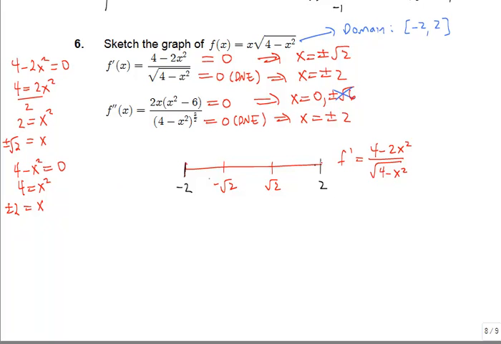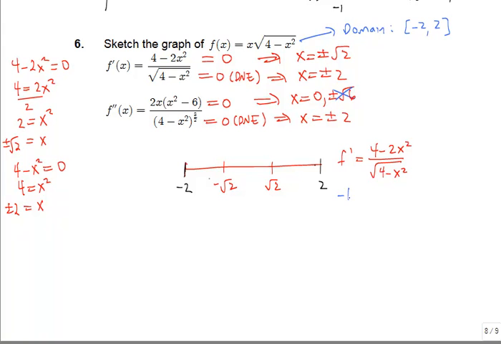So that's kind of why I stopped and started at negative 2 and 2. So for example, we need something that's smaller than negative root 2 but bigger than negative 2. So you would have to test something like negative 1.5, because square root of 2 is about 1.4.